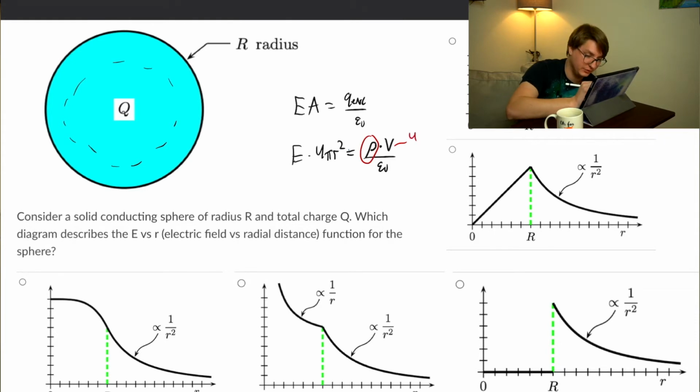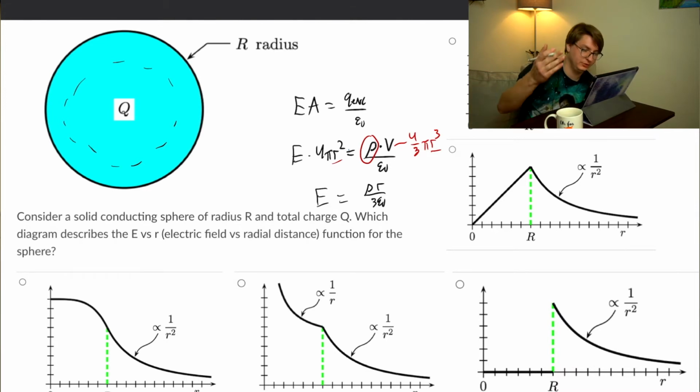Well, the volume of a sphere is 4 pi r cubed over 3. So we have an r squared over here and an r cubed over here. When we solve for electric field, we'll get rho r over 3 epsilon naught. So it's actually linear with regards to r, the power of r to the 1. There's only one that looks like that. It's actually going to be this diagram.